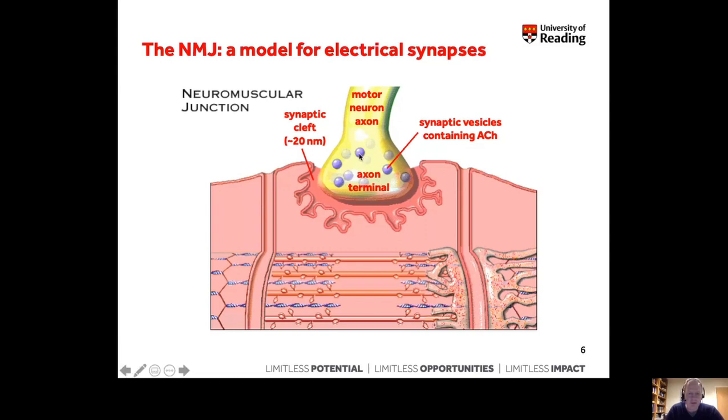So we can see it contains vesicles, in this case containing acetylcholine. Acetylcholine is released across the synaptic cleft, around 20 nanometers wide, as I showed you before, and acts on postsynaptic receptors, in this case on the motor end plate. And remember, those postsynaptic receptors are nicotinic acetylcholine receptors.